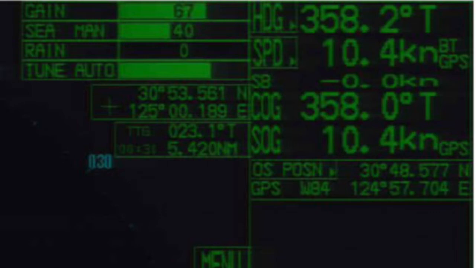As we say, target identification is an important technique. For the big vessel and the small vessel, we have only one means to distinguish them on the radar screen, because right now the radars are not showing what is a big vessel and what is a small vessel on the radar screen.